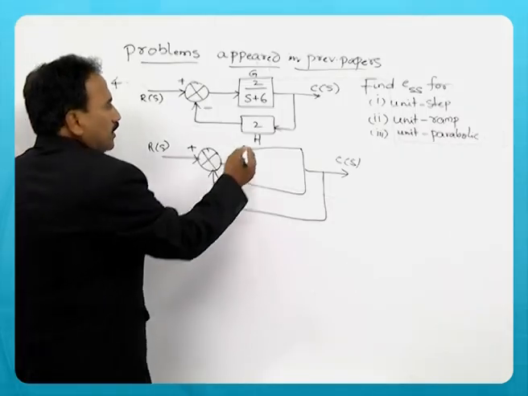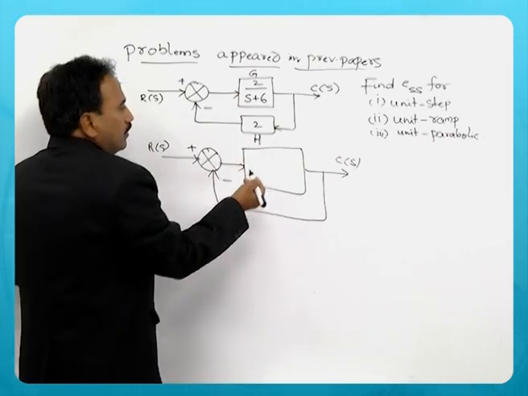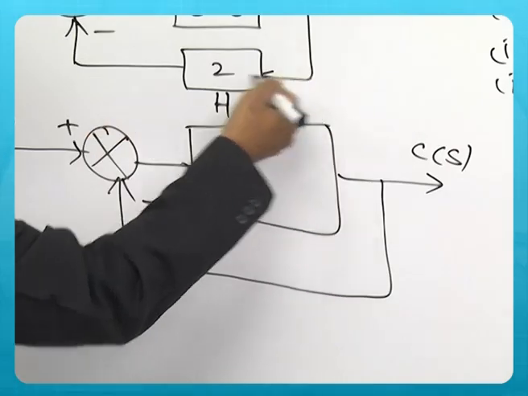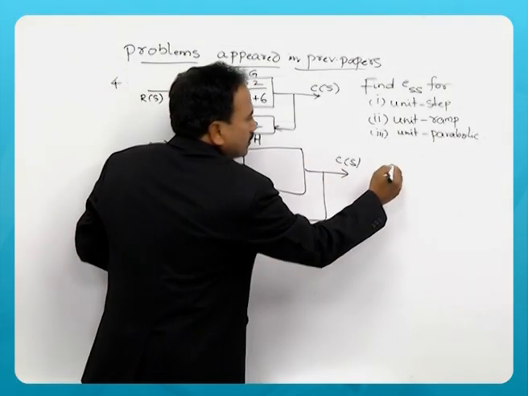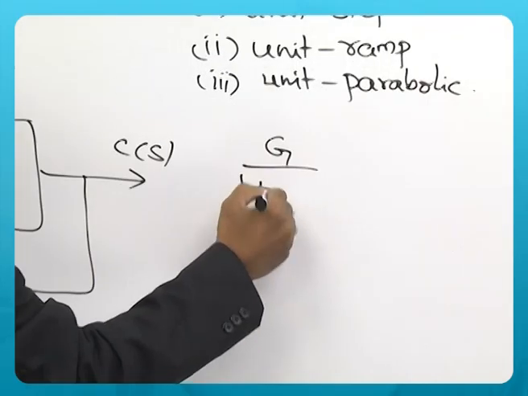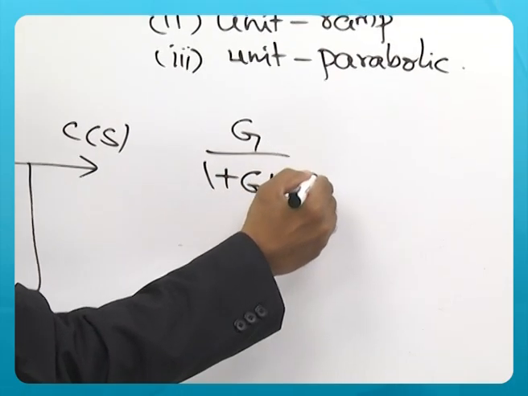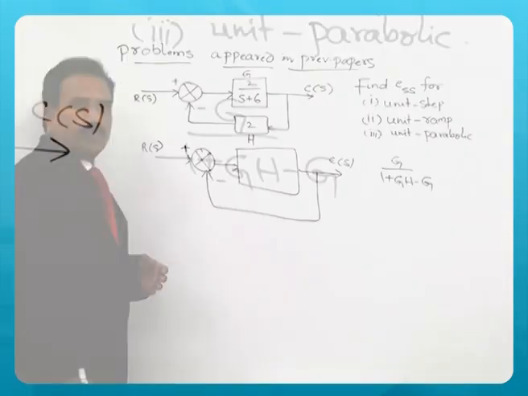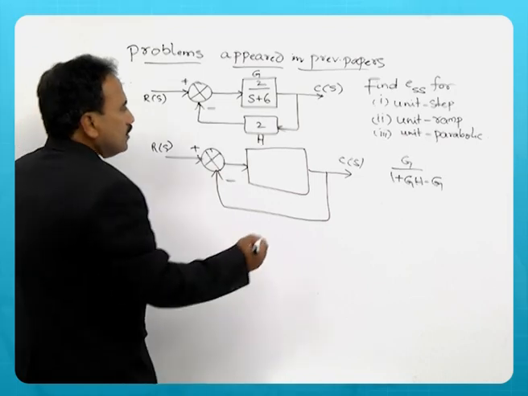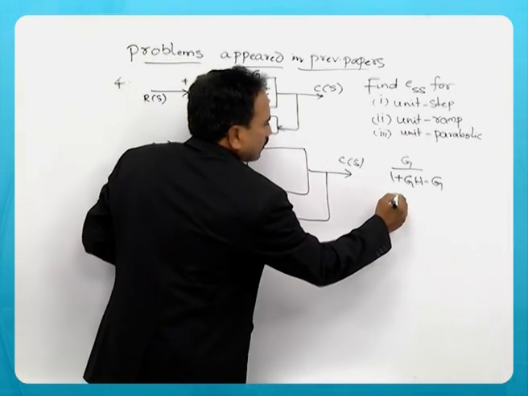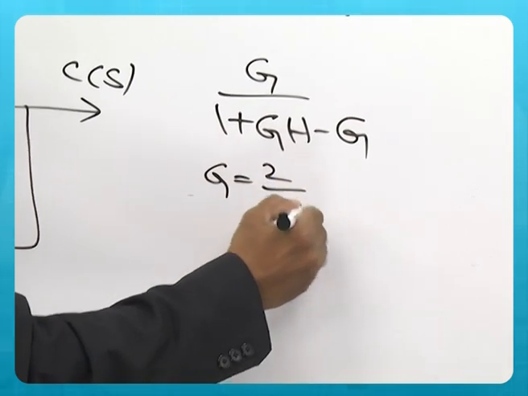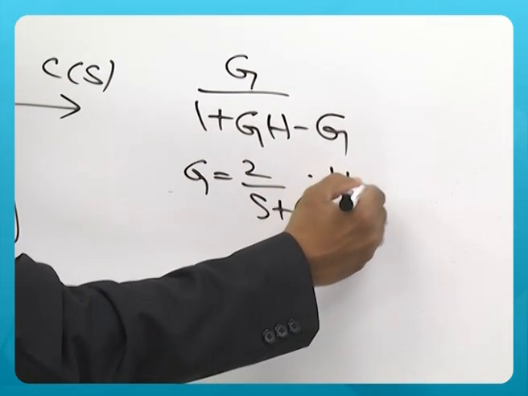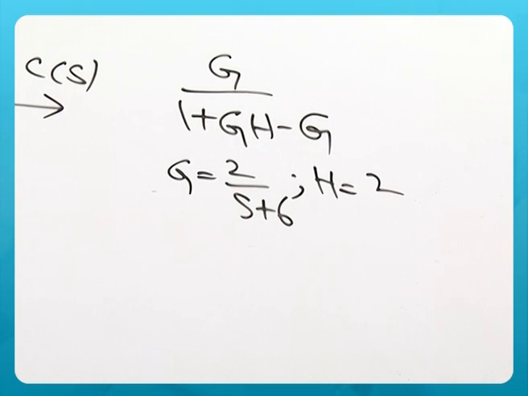So, when you make H equal to 1 in the feedback path, the formula here is G by 1 plus GH minus G, where G is 2 by S plus 6 and H is 2 in this problem.